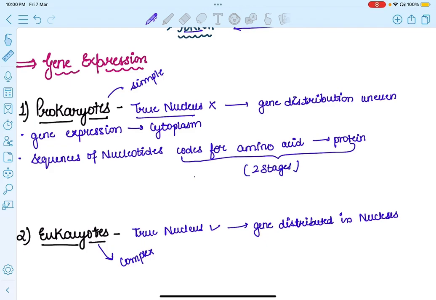And these two stages are, first of all, transcription and translation.